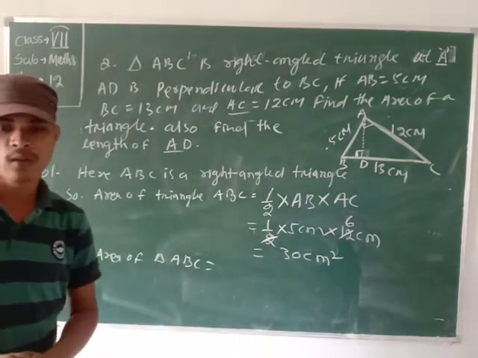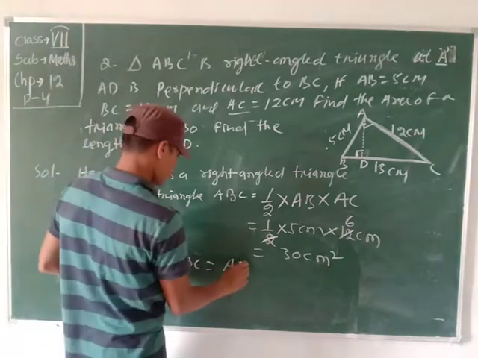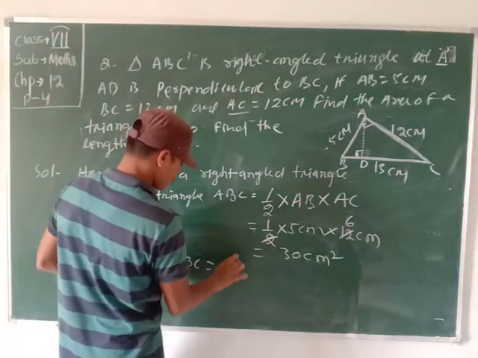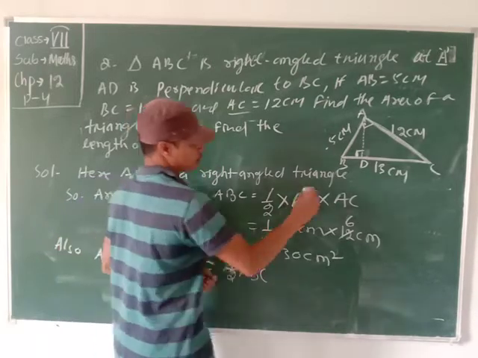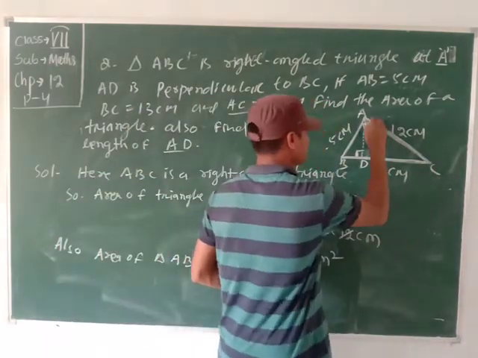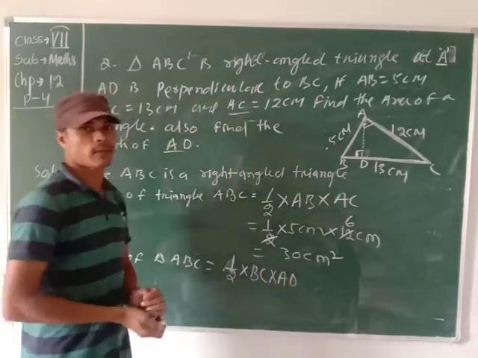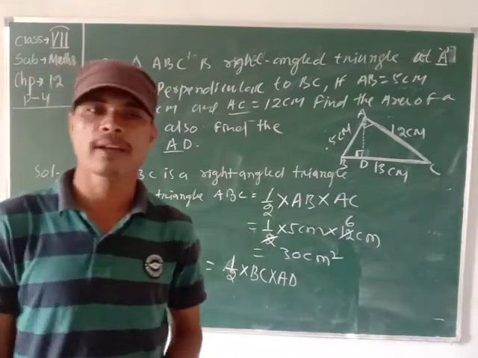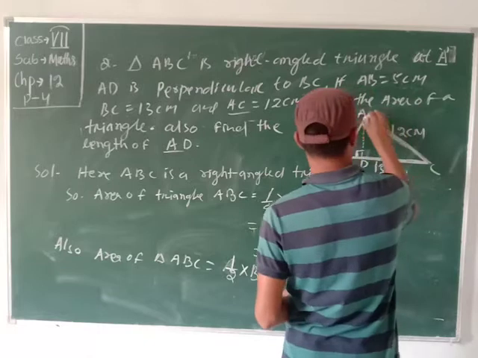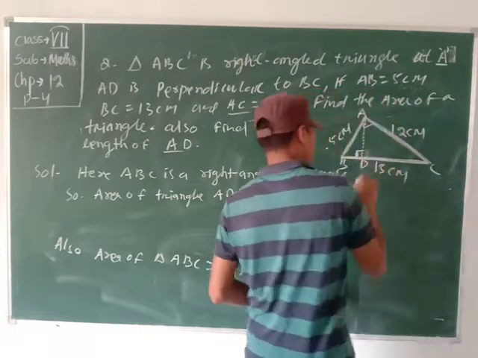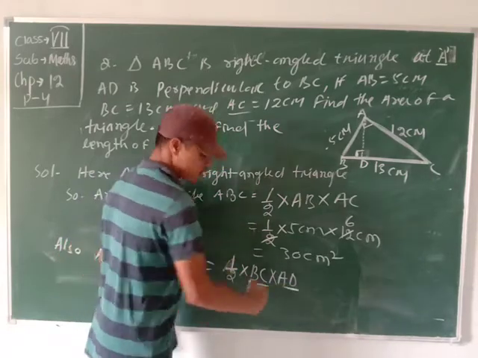Then it is 1/2 into BC into AD, which is another base into height. We know that the area of a triangle equals 1/2 into base into height. Here in triangle ABC, BC is the base and AD is the height. That's why we multiply 1/2 into BC into AD.